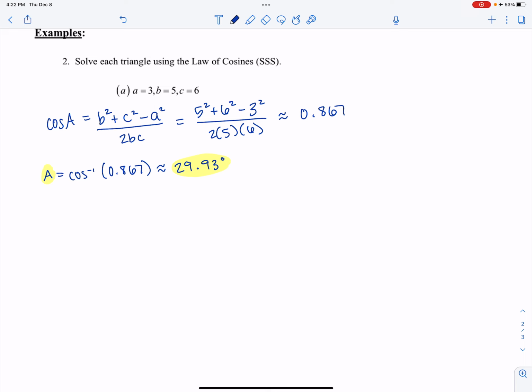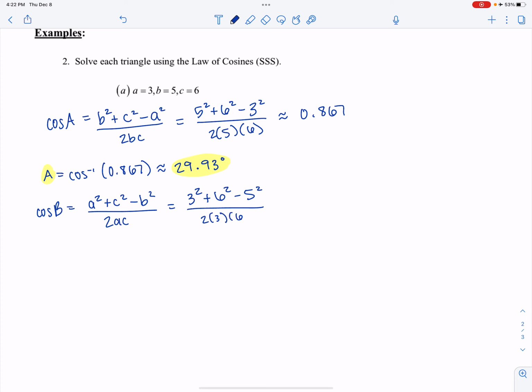Let's find B. Cosine B is a squared plus c squared minus b squared over 2ac. Filling those in, we have 3 squared plus 6 squared minus 5 squared over 2 times 3 times 6.